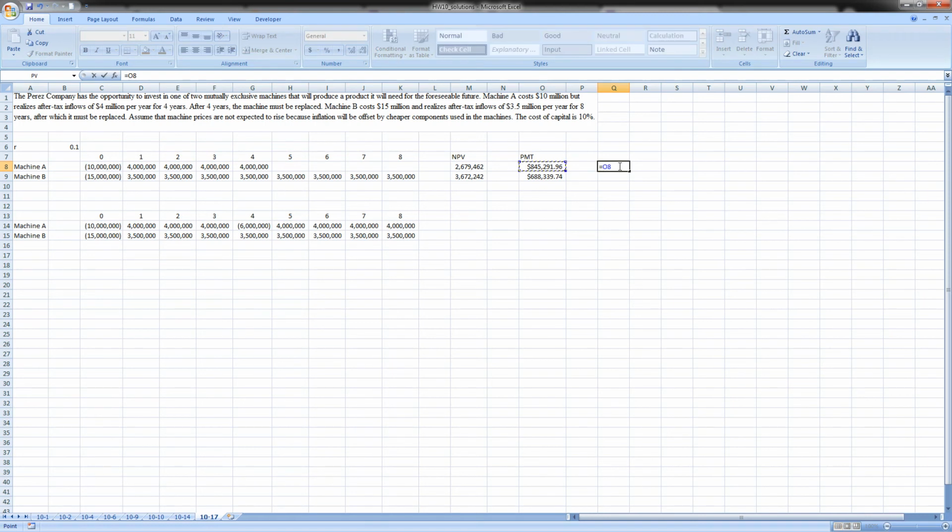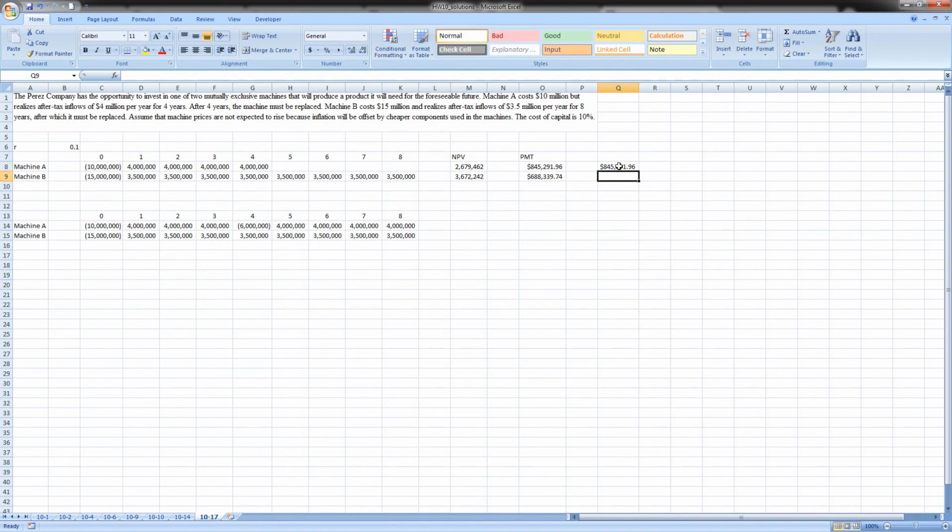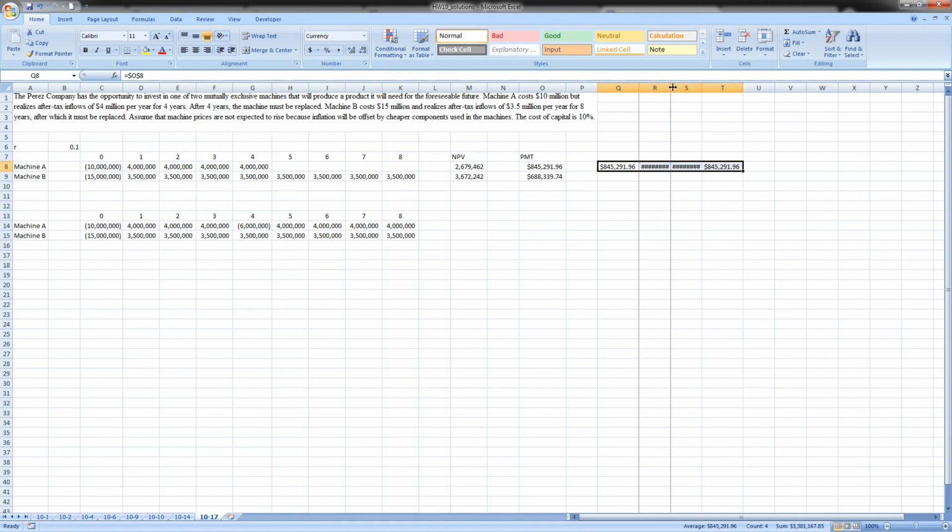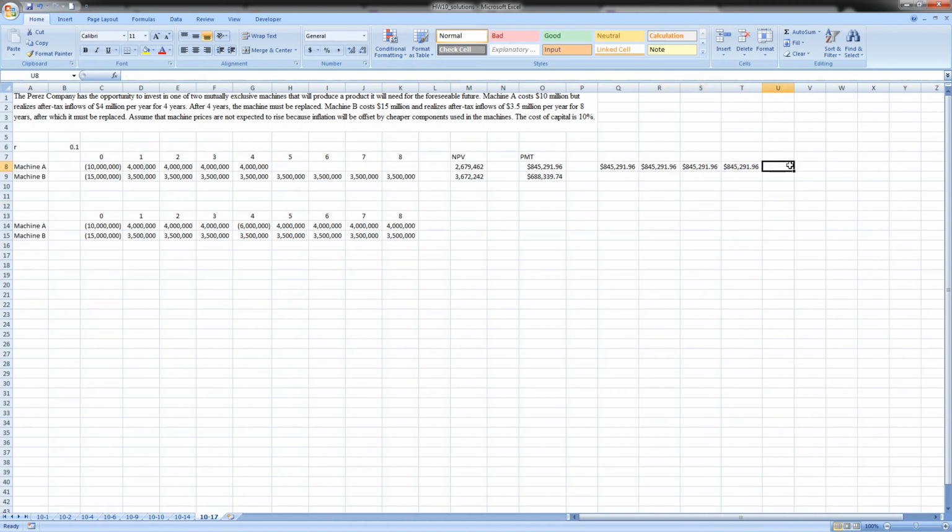amount, hit F4, and we get this cash flow for the next 4 years. We can then use the function NPV, again using the discount rate of 10%.